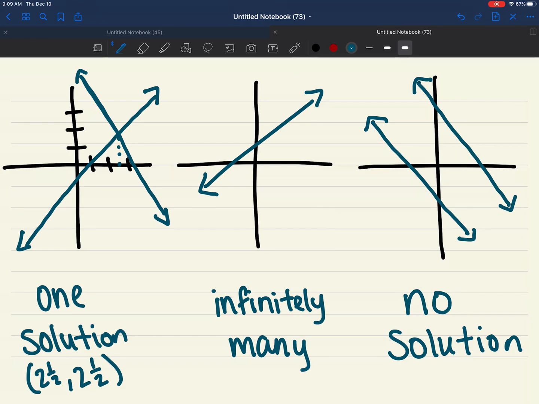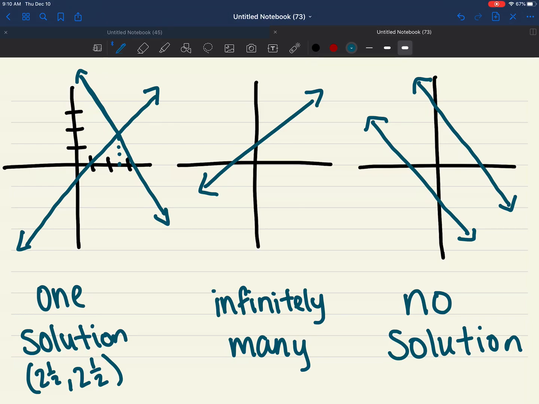Good. Remember we talked about parallel lines have the same slope. Perpendicular lines would be the opposite reciprocal, right? But you should know what your answer is before you ever graph, okay? Because if they're the exact same, it should be infinitely many. If you have the same slope, it's going to be no solution. Otherwise, it's going to be one solution every time, okay?